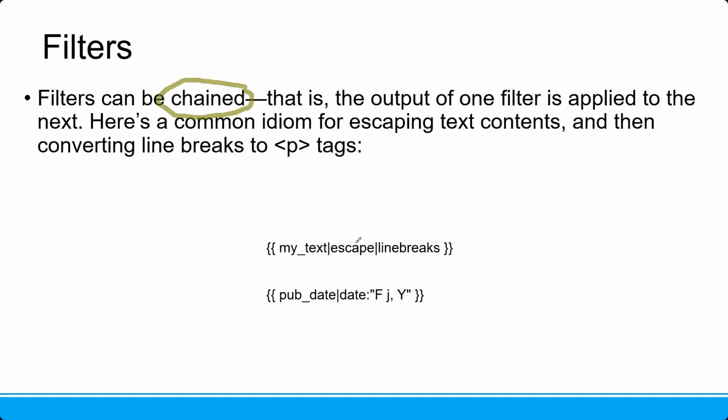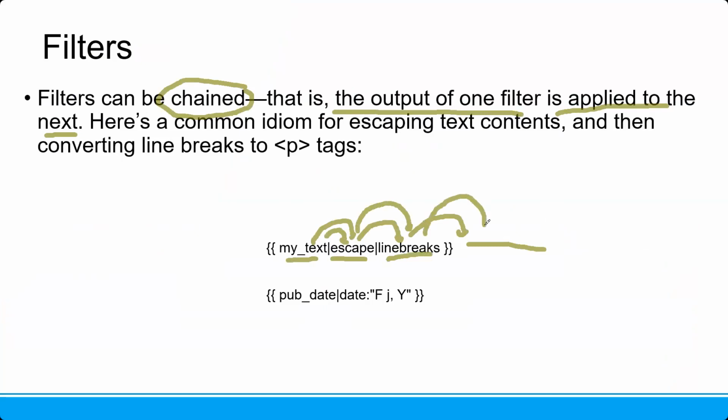Chain means we can have one filter followed by another filter and followed by another filter and so on. That is, the output of one filter is applied to the next. It means if I have a variable my text, I will apply the first filter, and then after we apply the first filter, we will apply the second filter, which is line break, and then we will apply the next filter and so on.